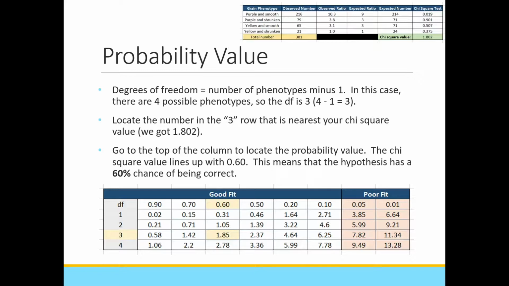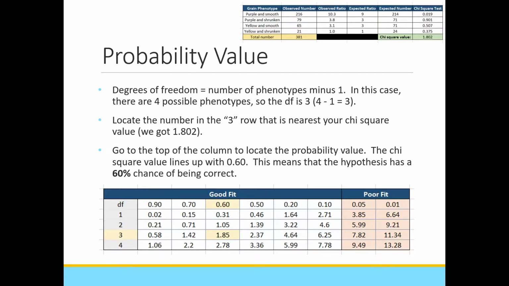Then we go to the top of the column, and this gives us our p-value. Our chi-square value lines up with 0.60. You can convert this decimal to a percentage, and this means that our hypothesis has a 60% chance of being correct.